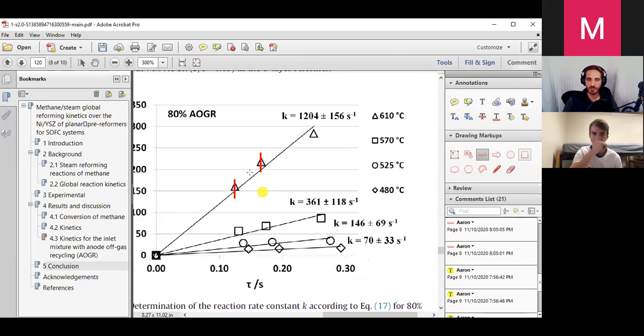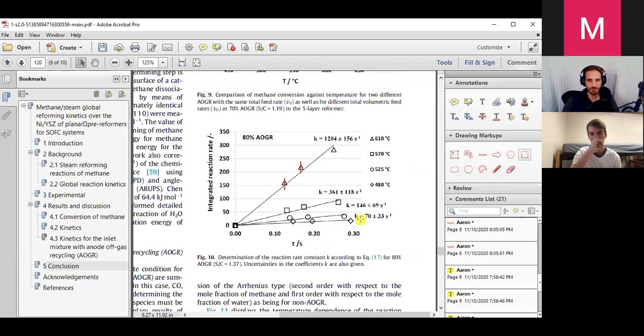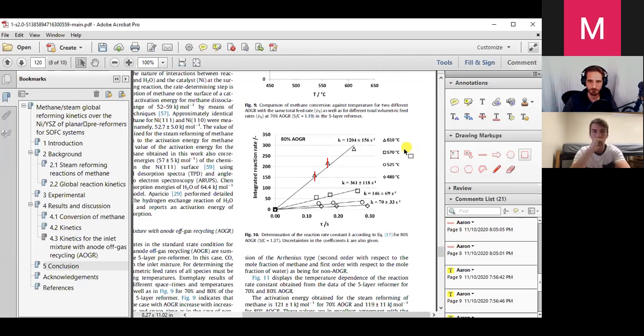But what if they put the error bars on there and they look like this? Well, they all look like that. That's not a real result. And there's no way to know that unless they put them on there, or at least they address the errors somewhere else. So a little bit suspicious that they don't have that.